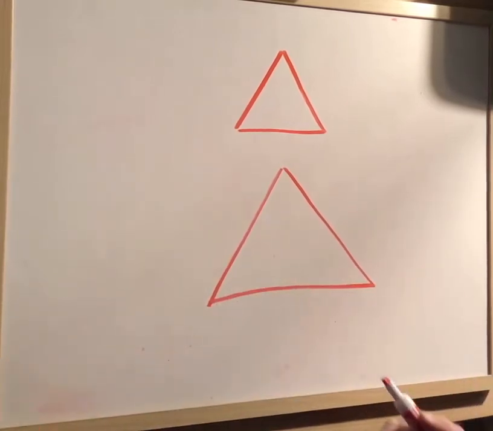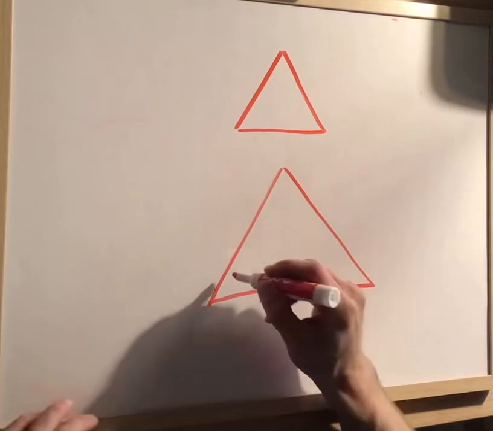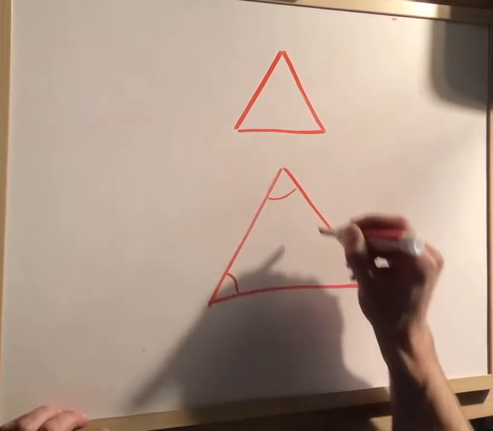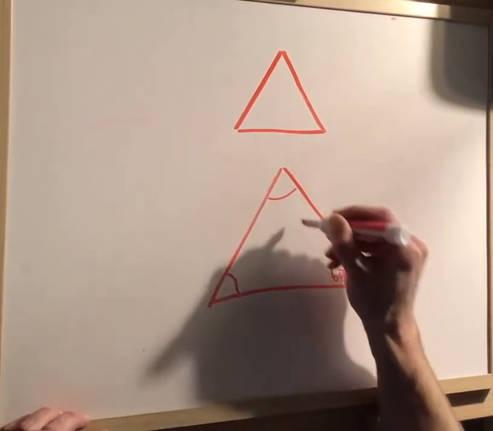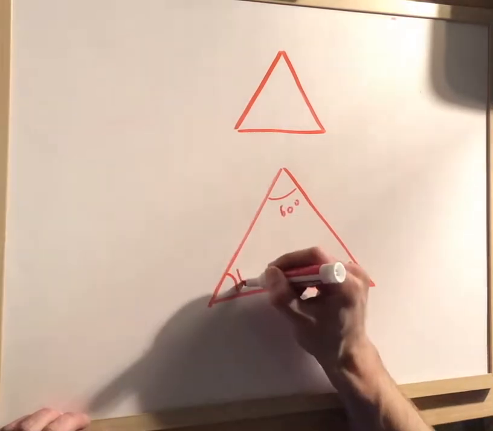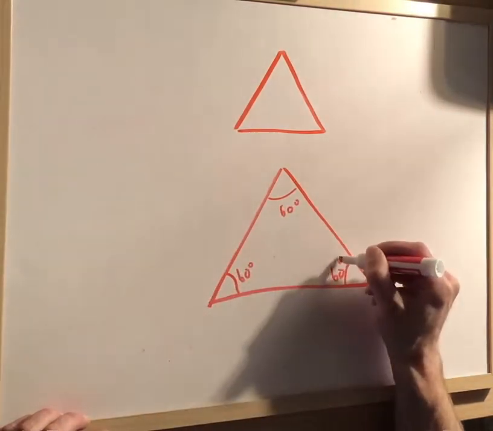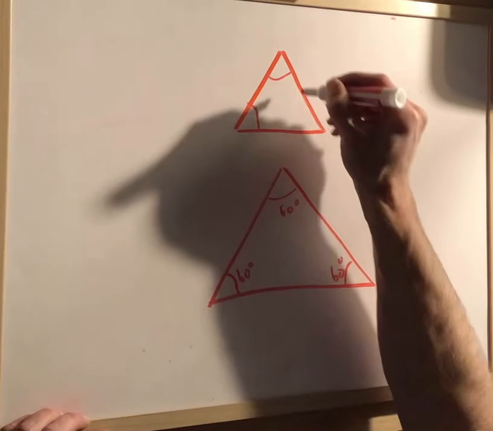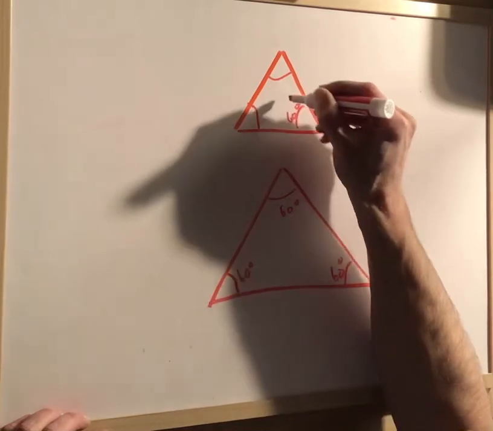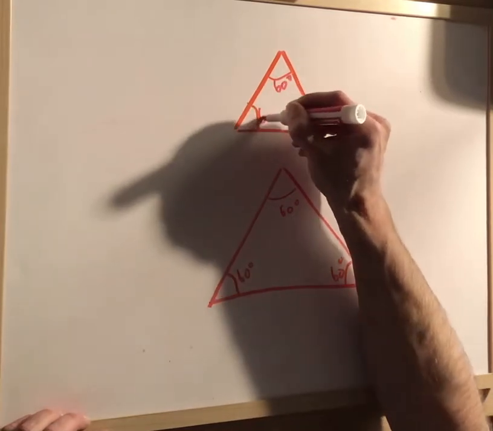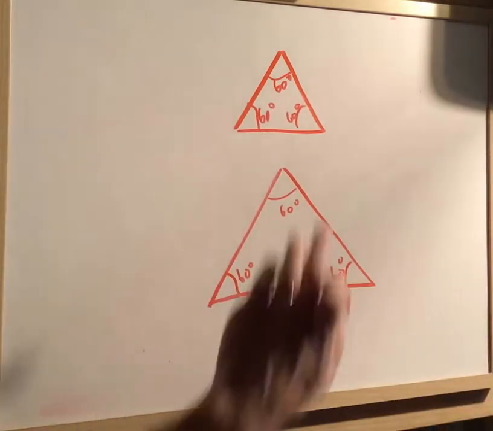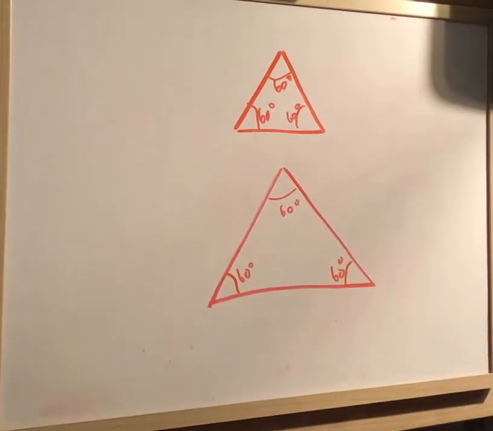A very simple explanation would be, let's take an equilateral triangle where every single angle is 60 degrees. Now, if every angle is 60 degrees, that means this is the exact same shape. One's a bigger or smaller version of the other.